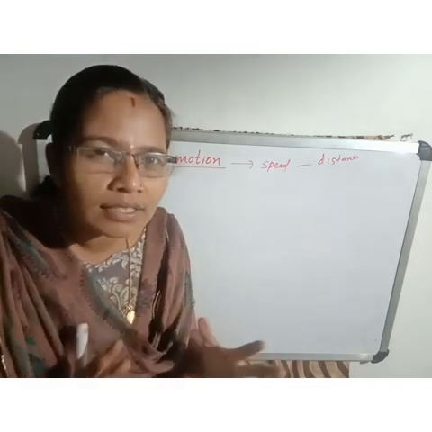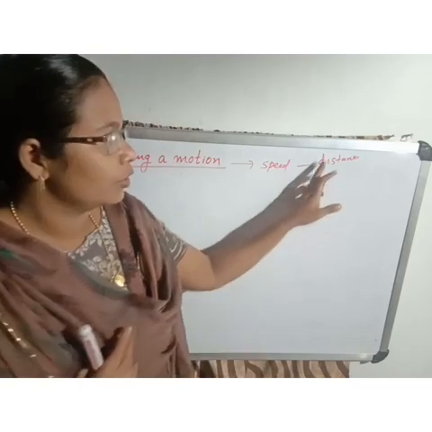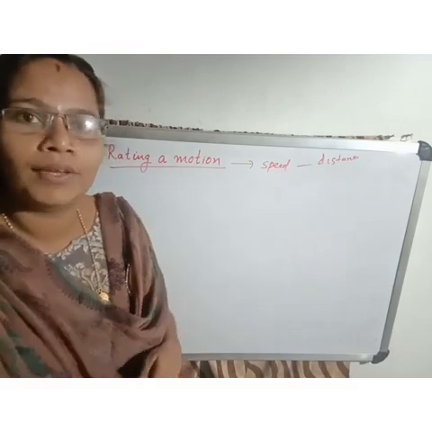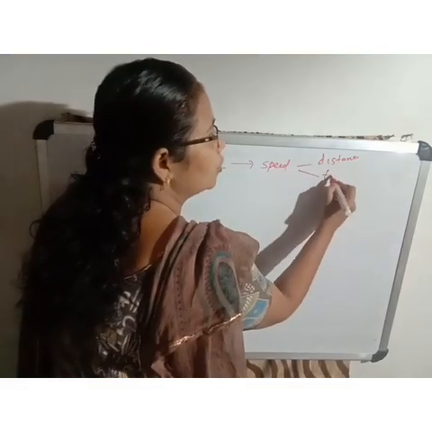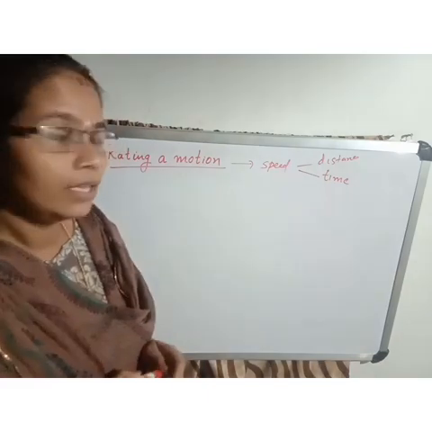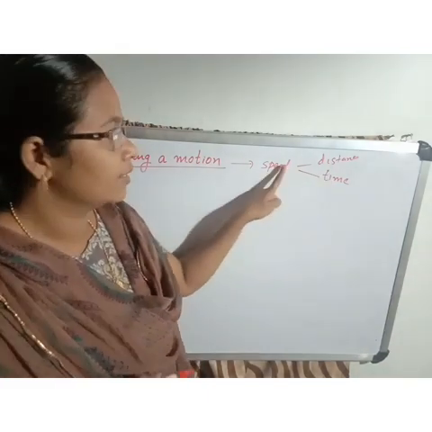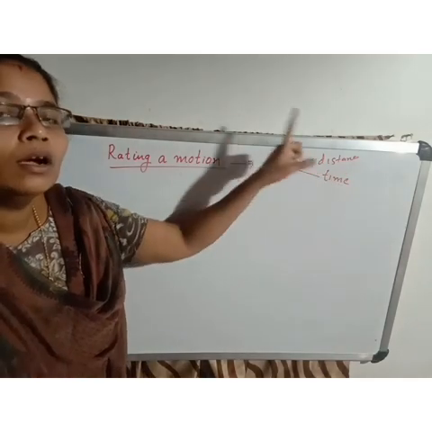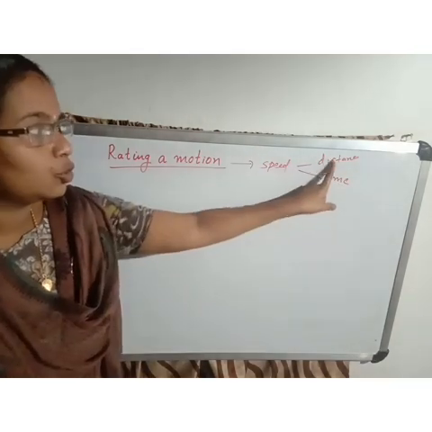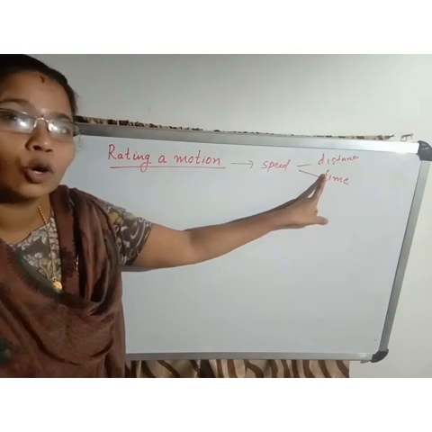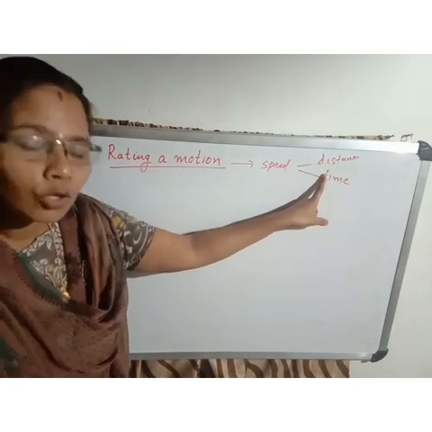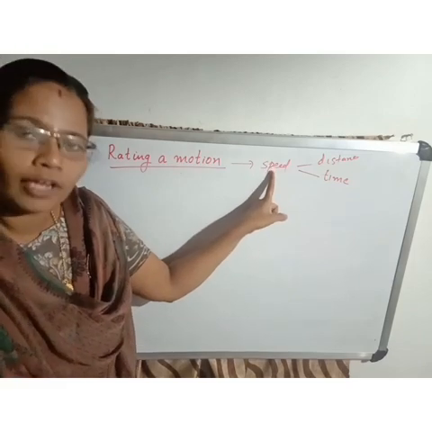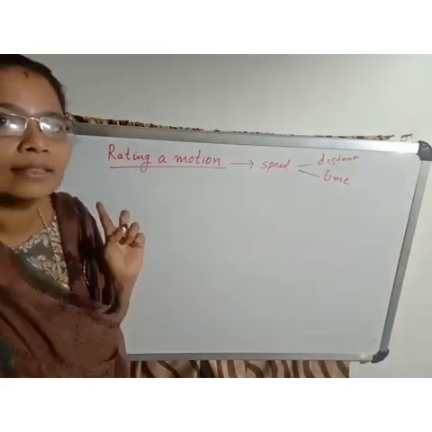So we should know all the data. Not only the distance, but we also need to consider time in calculating the speed. So we are considering two quantities in order to calculate the speed of an object, and thereby we are rating that motion.